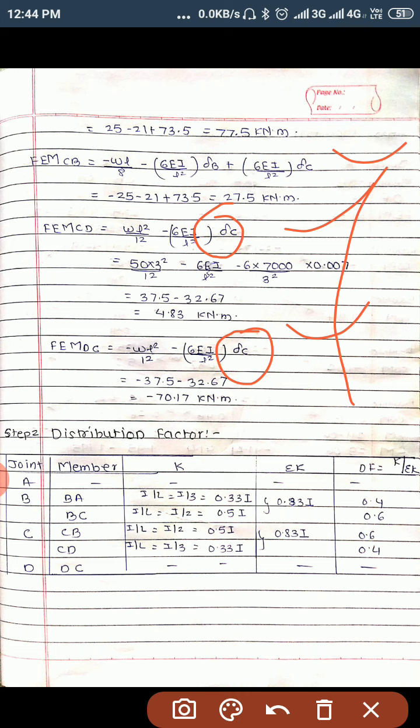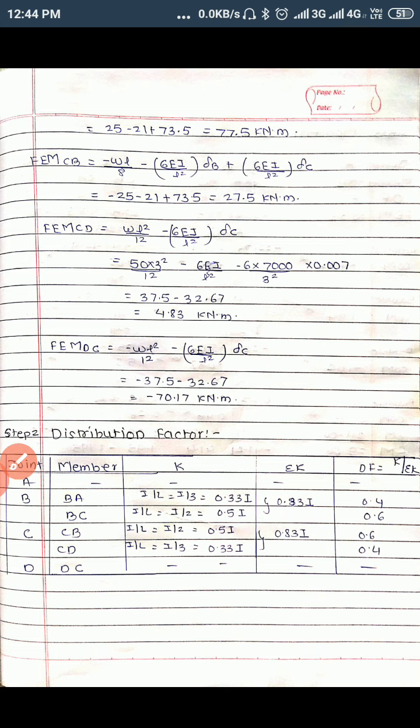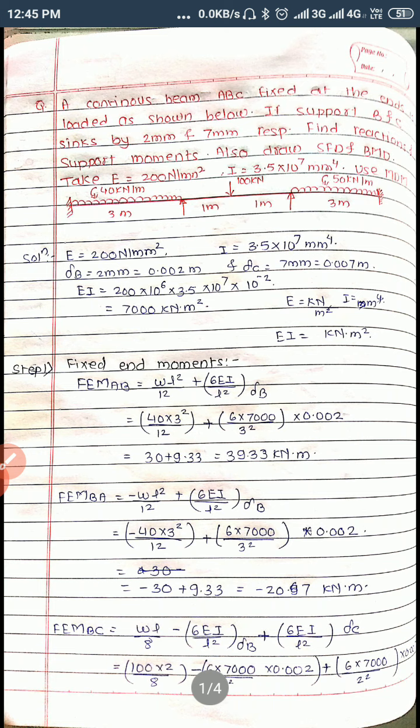Now the next step is distribution factor. We know distribution factor is the ratio of member stiffness to the joint stiffness. Now we'll make one simple table: joint, member, K the relative stiffness, summation of K which is the summation of relative stiffness at the particular joint, and distribution factor.